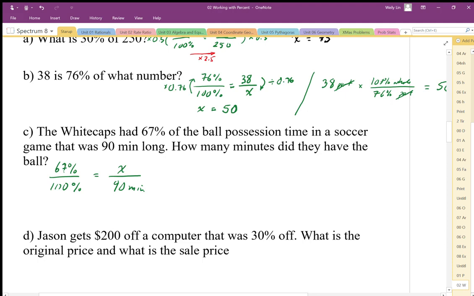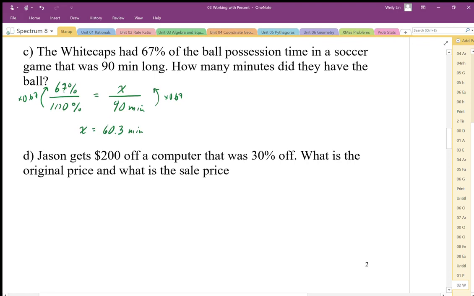Again, our multiplier here is going to be times 0.67, and we're going in the same direction, so we're going to times by 0.67. So we end up with 90 minutes times 0.67. That gives us 60.3 minutes. So the Whitecaps had 60.3 minutes of possession during this game.